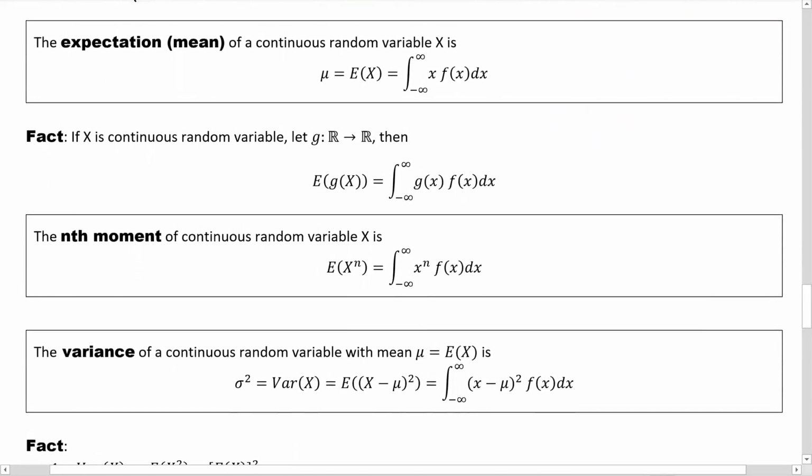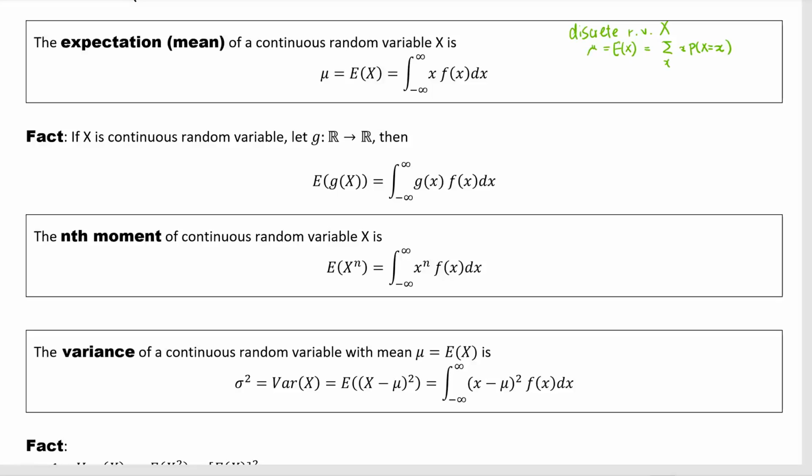Next, let's talk about the expectation, the mean. The expectation of a continuous random variable, we still call mu, is E of X. If you can remember what we have for a discrete random variable X, the mean is the sum of x times P of X equals small x.